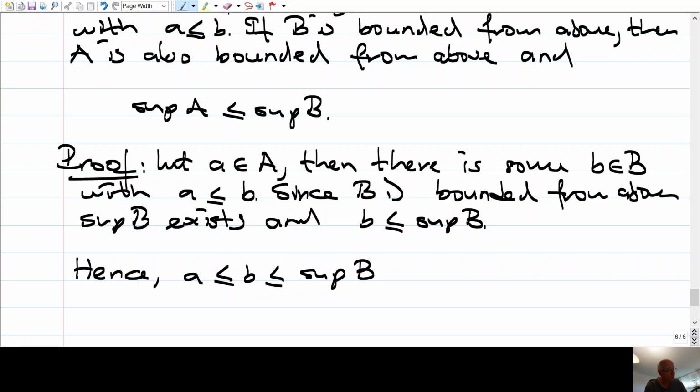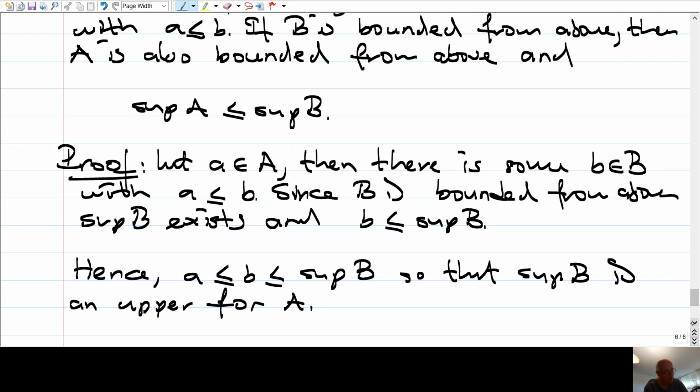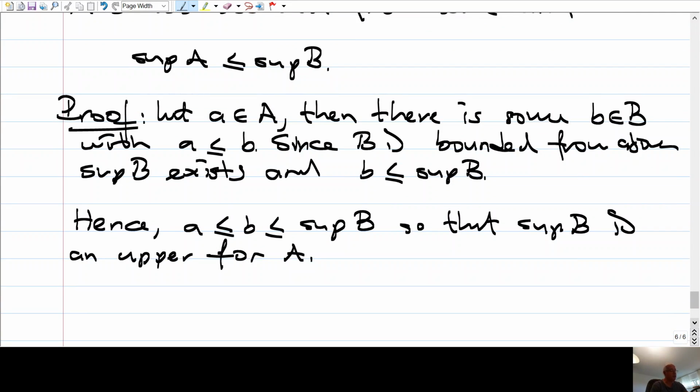And this is true for any a, because I had this a, I got something here, but this supremum is independent of this. Therefore, the supremum of B is larger than any element of A, so that the supremum of B is an upper bound for A. So this means what?